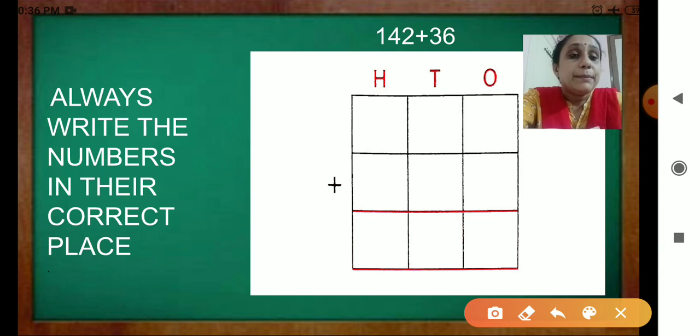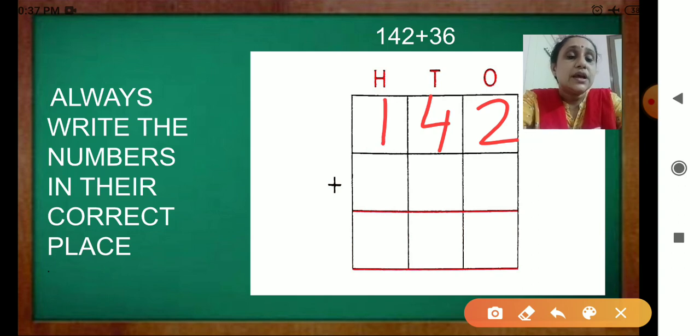First you will place in the ones place. Now 142, so 2 is in ones place. You will write 2, then 4 in tens place and 1 in hundreds place. Now plus 36. Now 6 will be in ones place and 3 in tens place.